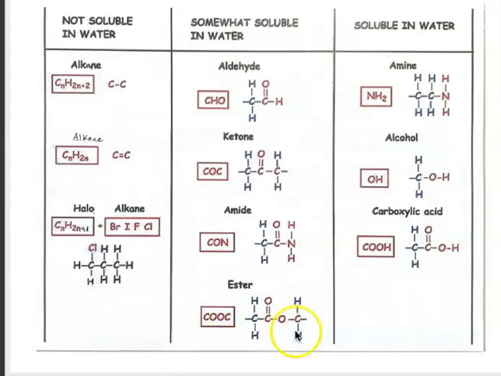The only thing I wanted to point out here is that carboxylic acids, being one of the most polar types of organic groups, tend to be much more soluble in water than any of the other groups. So you can see, for instance, ketones. Yes, they have dipole forces, but they're not as soluble as, let's say, a carboxylic acid, which has hydrogen bonding. Right, hydrogen bonding tends to increase its ability to dissolve in water.